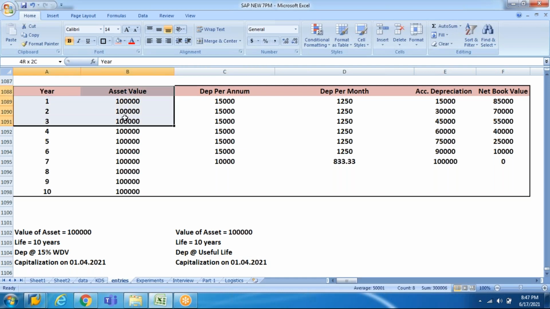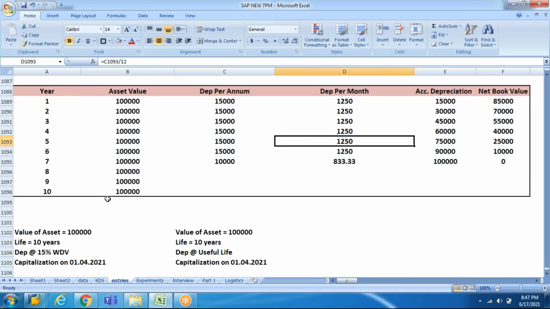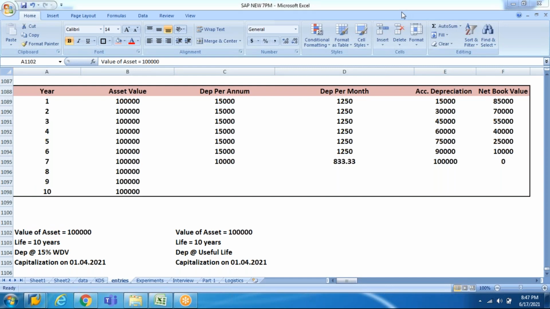Exactly the same thing you need to take. Just copy paste this table and replace the numbers according to this scenario. You can do it, right?